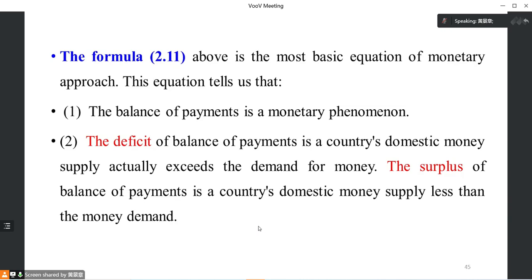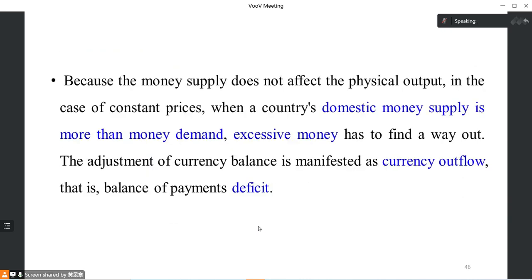Let's go on. Because the money supply does not affect the physical output, in the case of constant price, when a country's domestic money supply is more than money demand, excessive money has to find a way out.